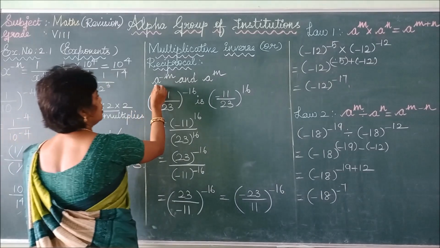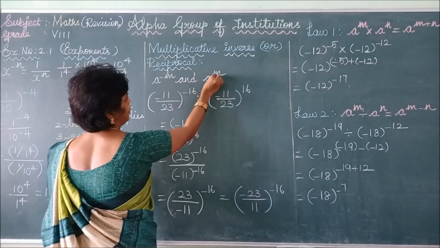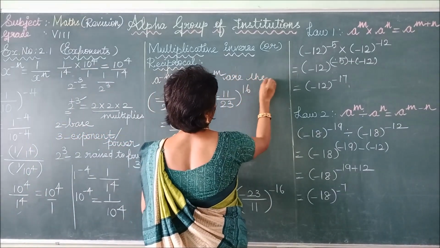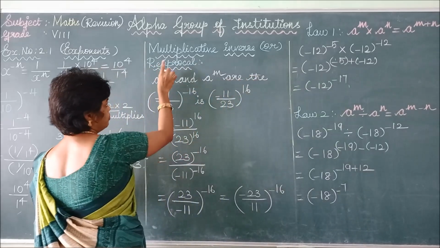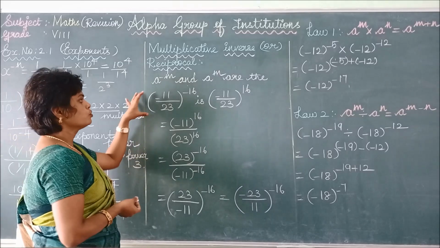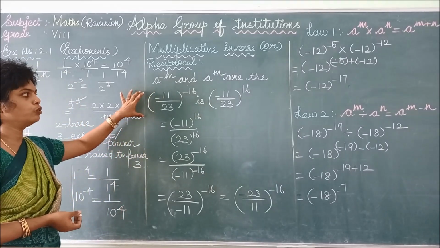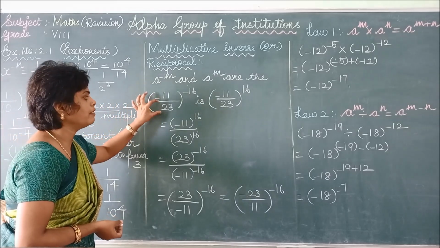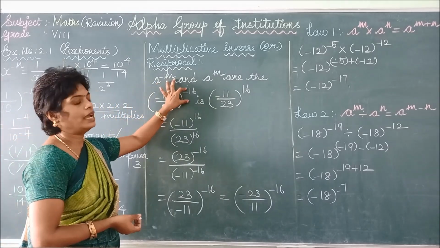You know one thing, a power minus m and a power m are the multiplicative inverses of each other. Reciprocals. We can call it a reciprocal. So in the question they asked you to find the multiplicative inverse of minus 11 by 23 whole power minus 16.